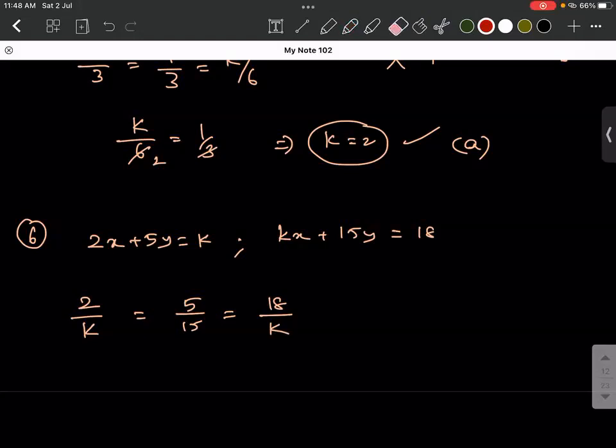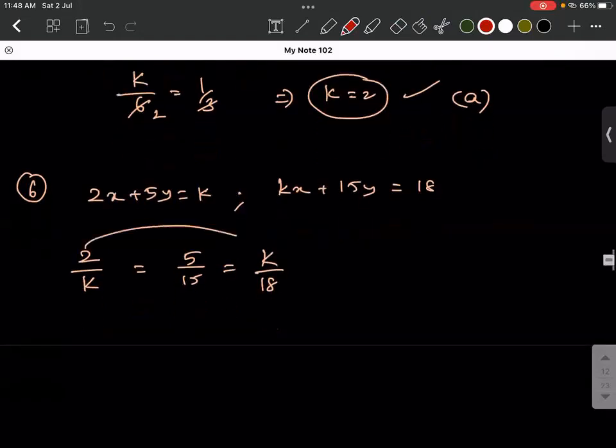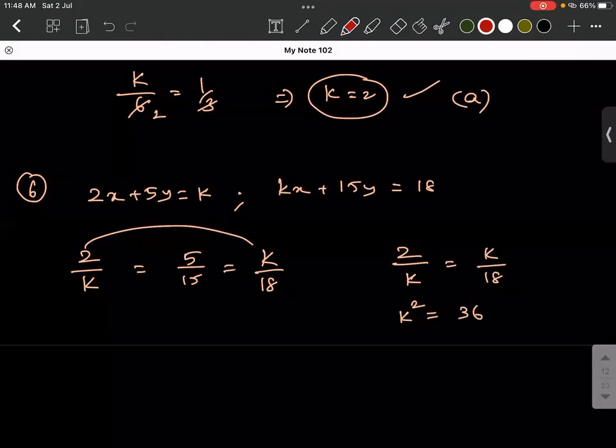Sorry, k by 18. Is it right? So I'll equate the first and the last. I'll get 2 by k is equal to k by 18. So k square is equal to 36. So k will be plus or minus 6. Is there an option like that? Or they gave, wait, it was only 6 or minus 6.